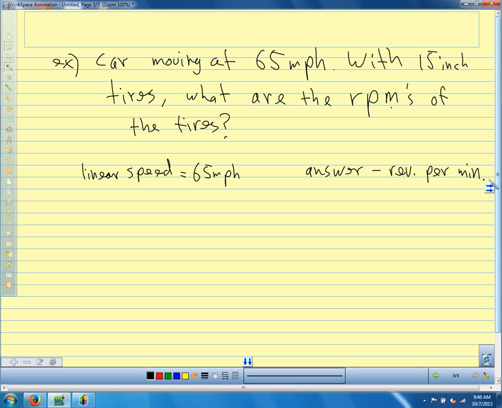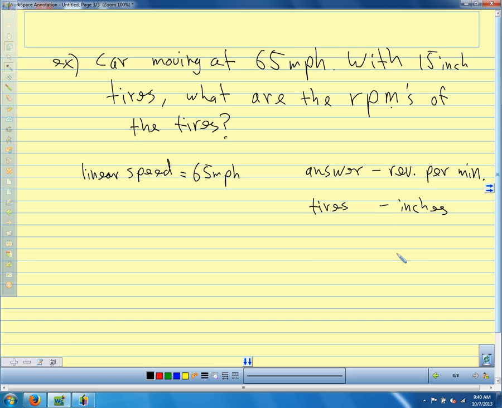So we need to deal with the hours and the minutes part. What else? There's another thing that's kind of similar. Our speed is in miles. And our tires, I guess I shouldn't say answer, our tires are in inches.